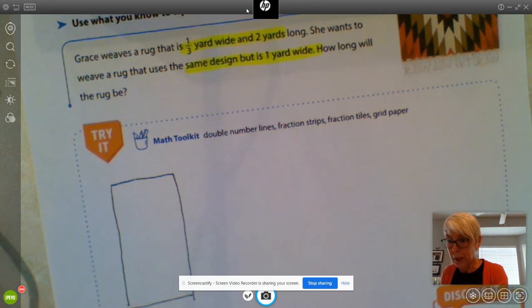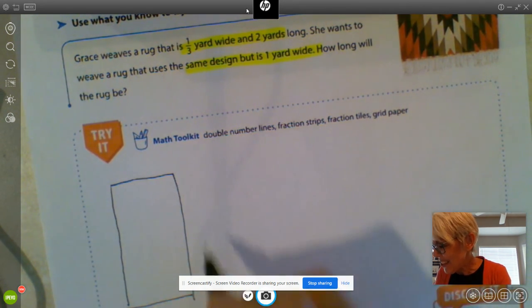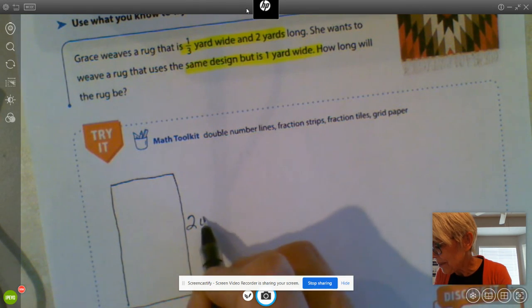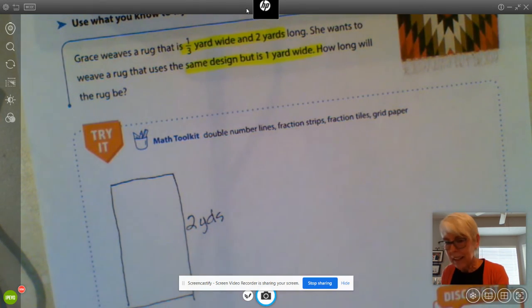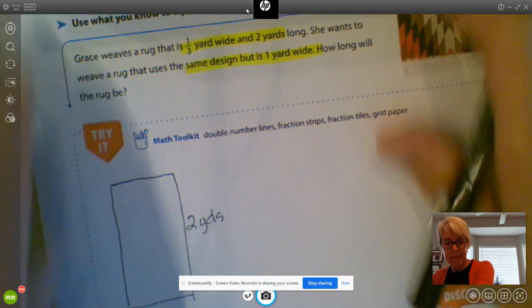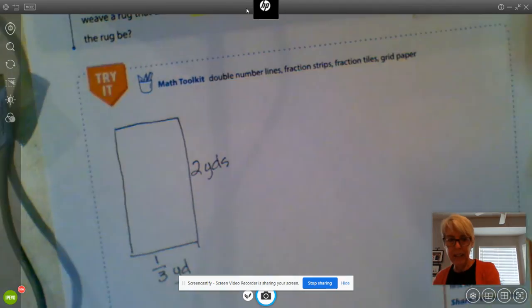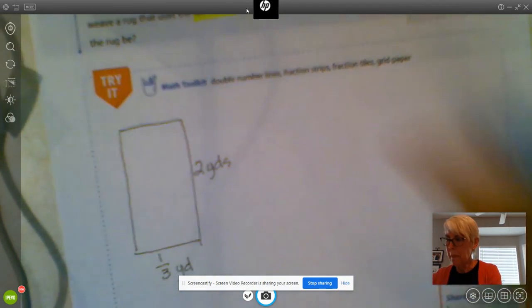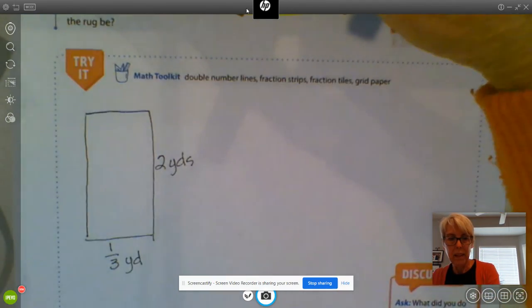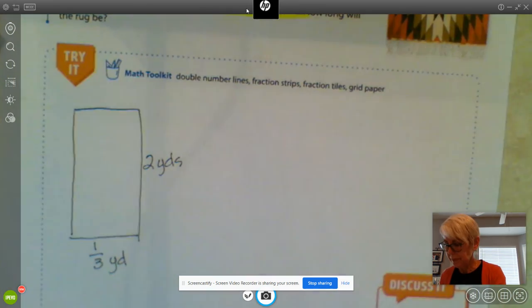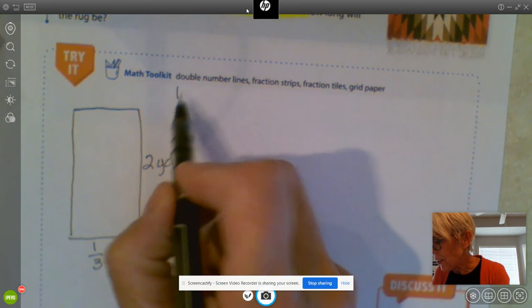So it's about 1 foot wide. And it's 2 yards long. Now I want you to think, let's see, I need to scoot again. Otherwise you're not going to see what I'm writing. There we go. Let's say that this is a yard.